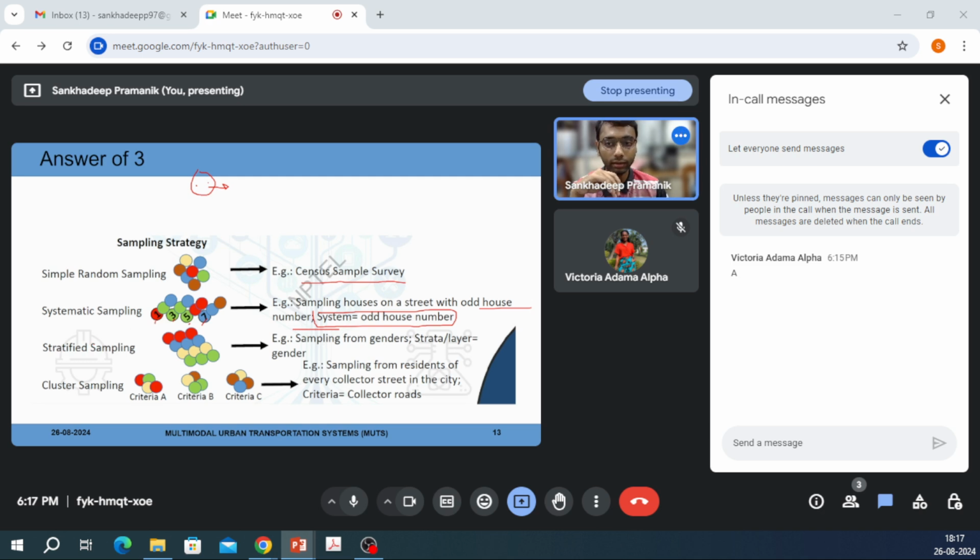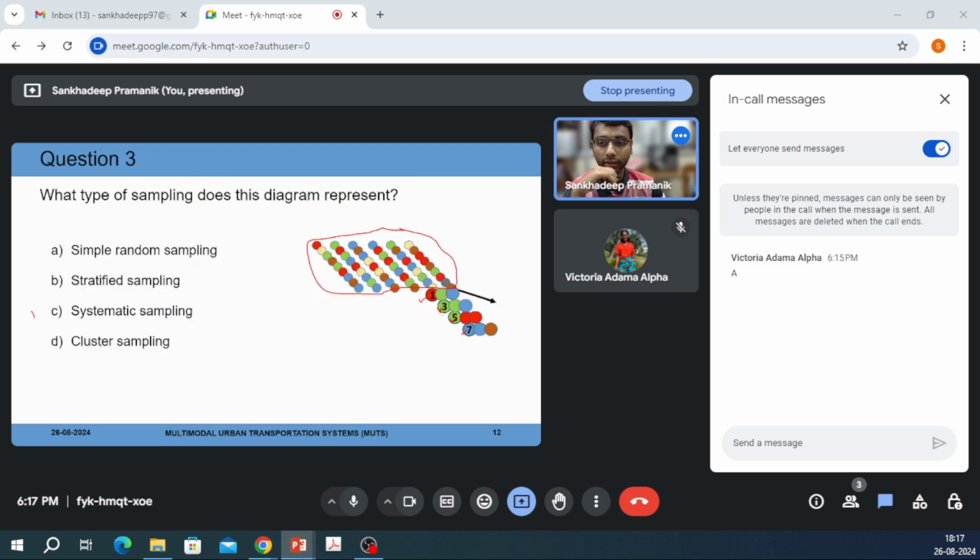But here, 1 3 5 7, there is a system in choosing, so it is systematic sampling. Then stratified sampling, like for a particular red, blue, green, this is stratified sampling. And clustered sampling last, which is sampling from a particular area, or from a particular zone. This kind of sampling is cluster sampling. So here it will be systematic sampling.